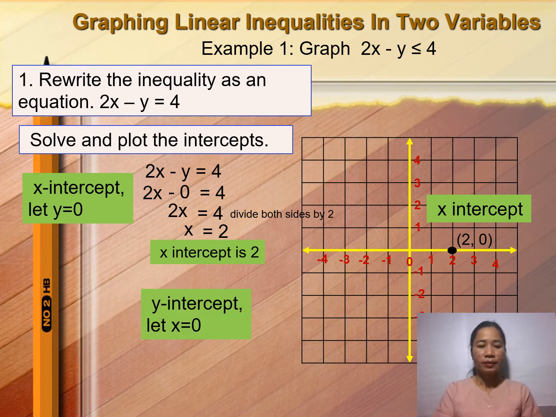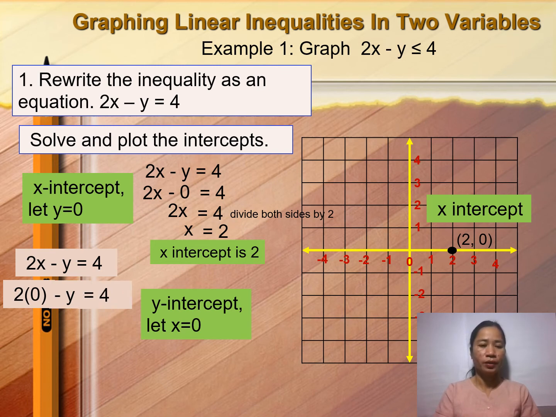Next, let's solve for the y-intercept. Let x be equal to 0. Copy the given equation. We have 2x minus y is equal to 4. Replace the value of x by 0. We have now 2 times 0 minus y is equal to 4. It becomes 0 minus y is equal to 4, so negative y equals 4.